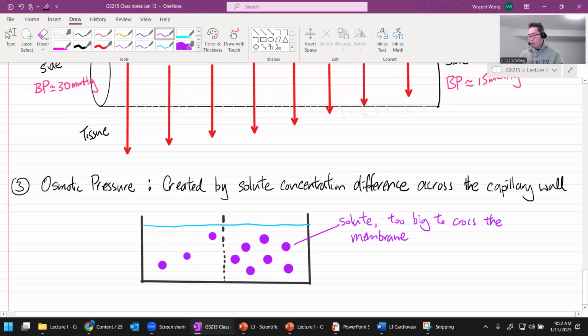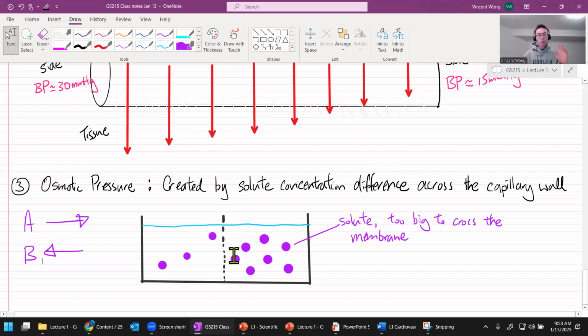So my question to you is, if I leave this alone, which way will water move? Okay, I'm going to set up the poll. I want to see what you all think. Is it A, to the right, or B, to the left?